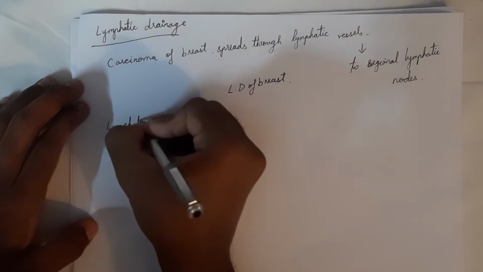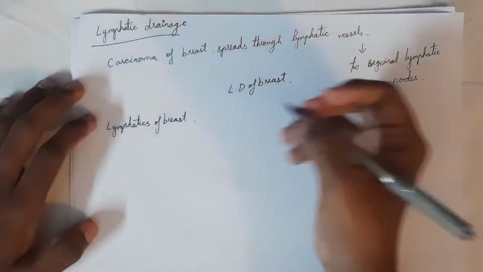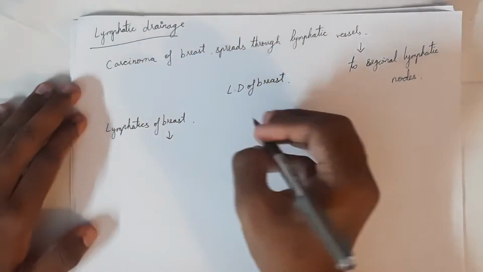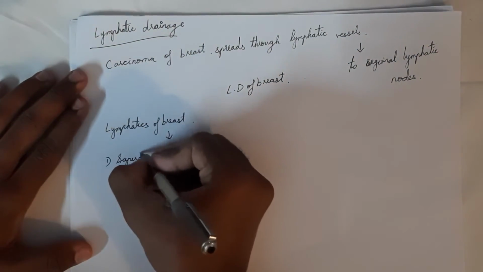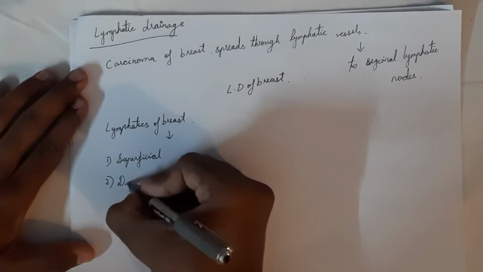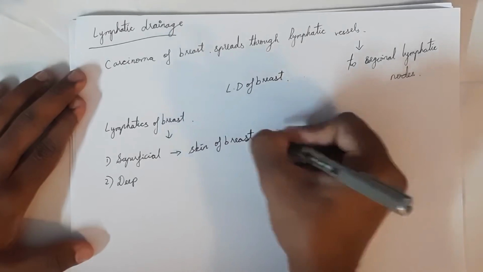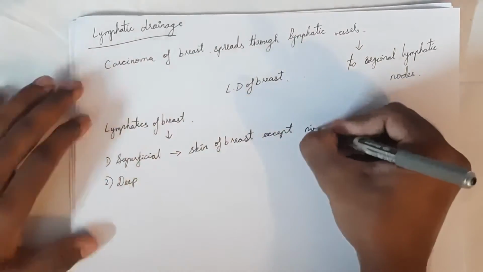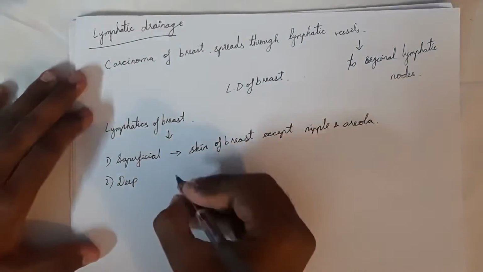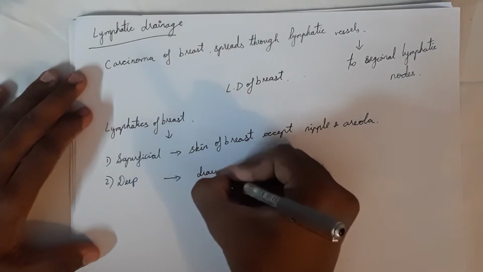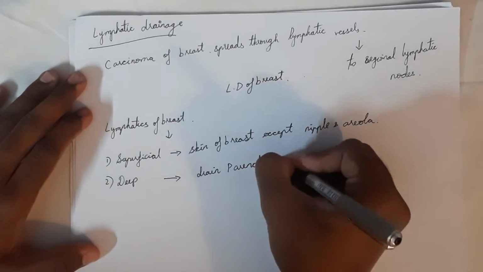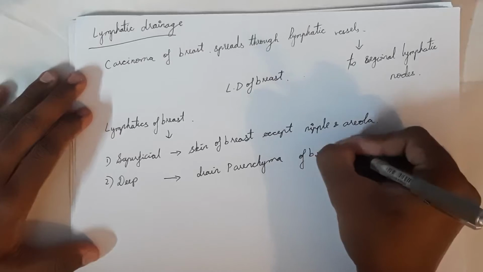Now the lymphatics of the breast: first, the superficial and deep lymphatics. The superficial lymphatics drain the skin of the breast except the nipple and areola. And the deep lymphatics drain the parenchyma of the breast, including the nipple and areola.